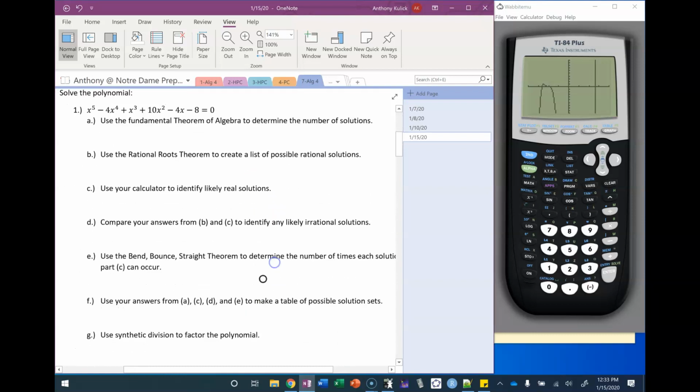All right. For A, what would we put there? 5 solutions. Great. Where are you getting the 5 from? The biggest exponent in the problem. The rational roots theorem. So what's my list of possible rational solutions?